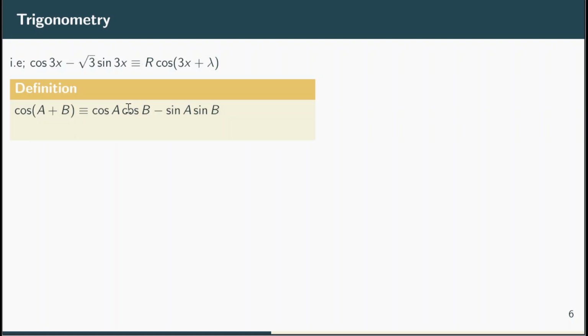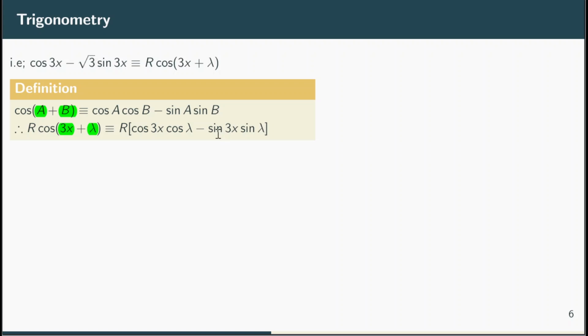The compound angle identity for this particular question states that cos(A plus B) is equivalent to cos A cos B minus sin A sin B. So I can just expand this. It means that for cos(3x plus lambda), A takes the place of 3x and B takes the place of lambda. That is why I have cos 3x cos lambda minus sin 3x sin lambda.